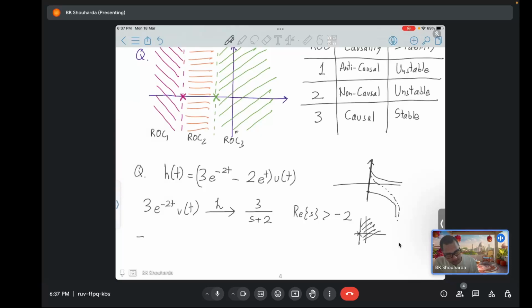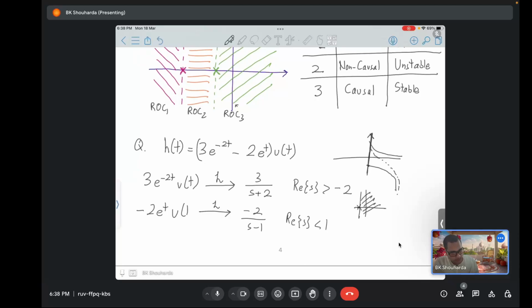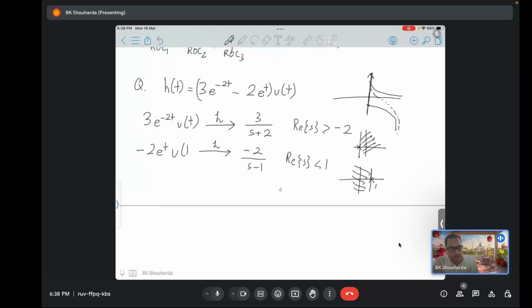And then we have minus 2 e to the power t u of t, whose Laplace transform will be minus 2 upon s minus 1, which means that real part of s will be less than 1. This is 1, this is this. Okay, these are the separate ROCs.